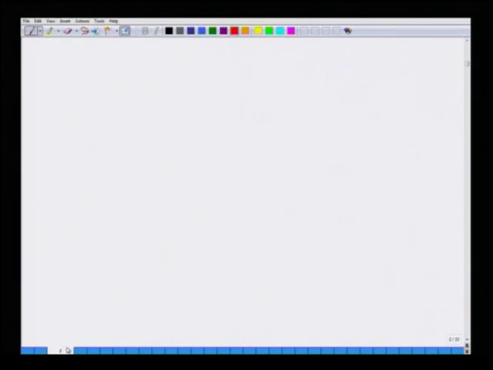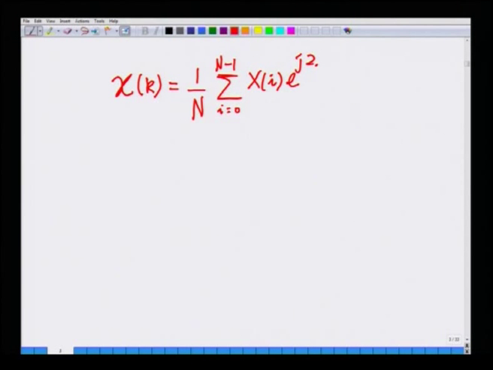Hence, the kth sample is given as 1 over n summation, which is essentially the n point IFFT, i equals 0 to n minus 1, xi e to the power of j 2 pi ki over n.